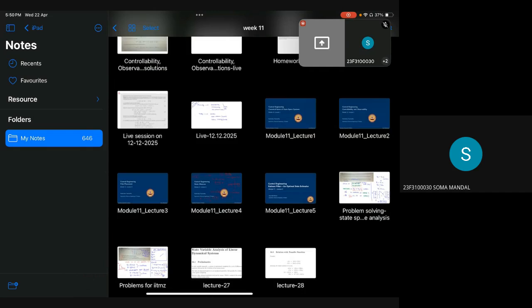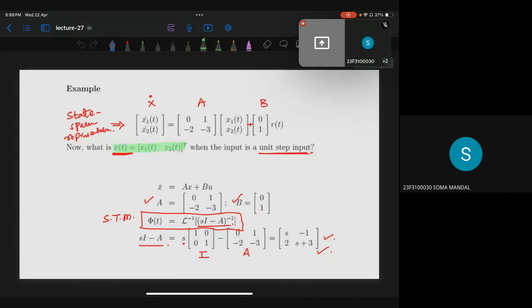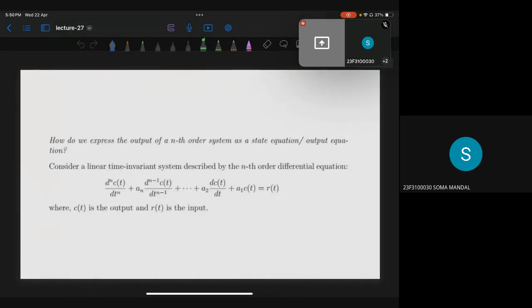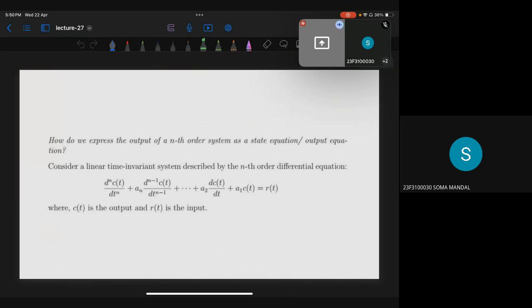Suppose you have a differential equation like this for a system. The system has an input and an output. The system input is R and the output is C.